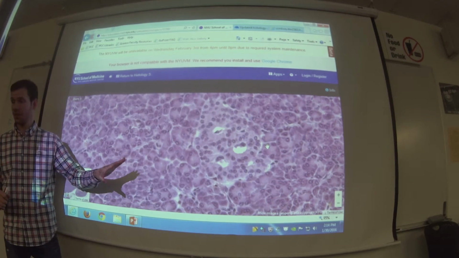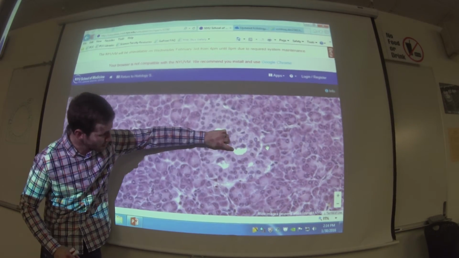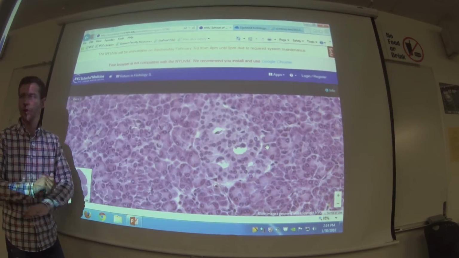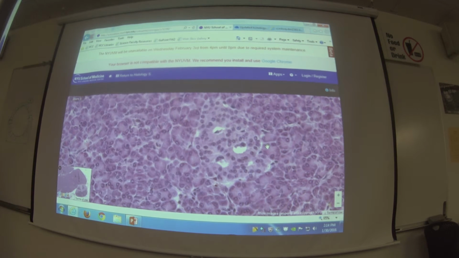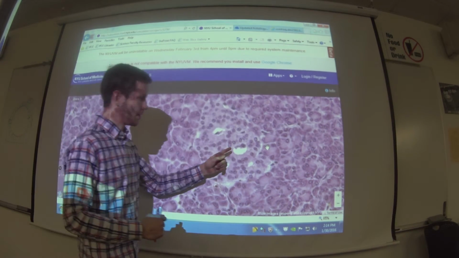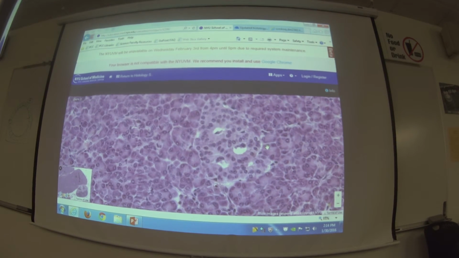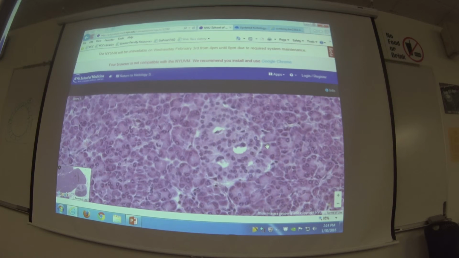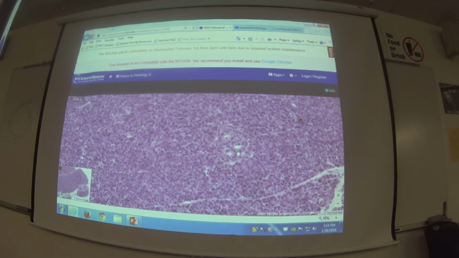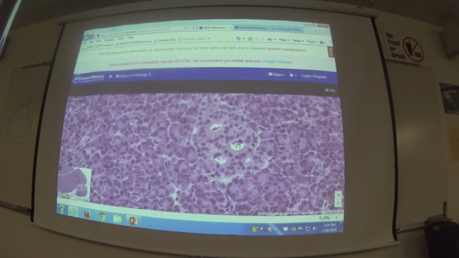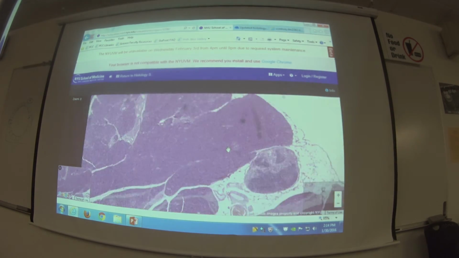This was bleached, but there are holes here. There are no holes in a pancreatic islet. They are not a duct. This is a duct. They're cuboidal cells lining a tube. And so that is a lighter staining duct, not an islet. But man, it looks like the same size and everything.